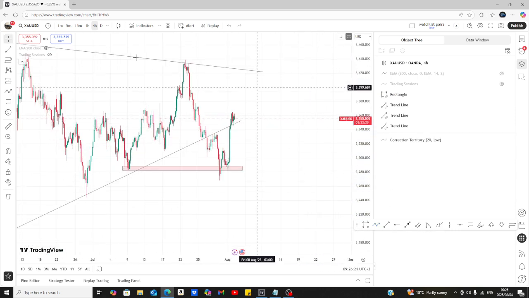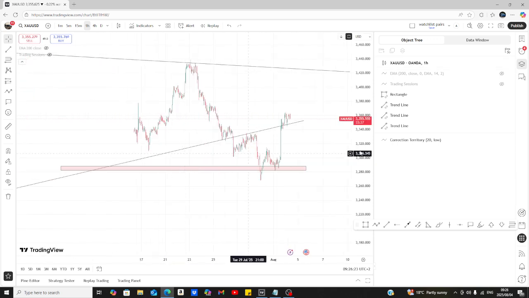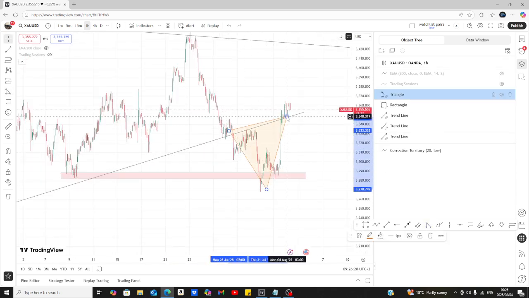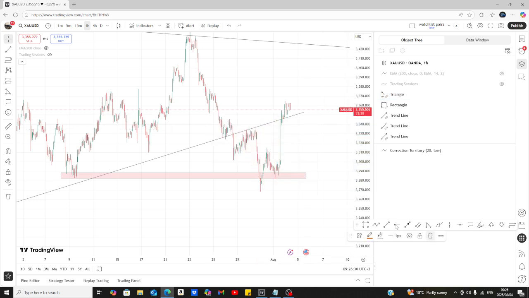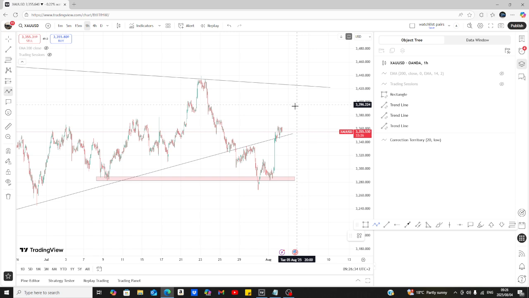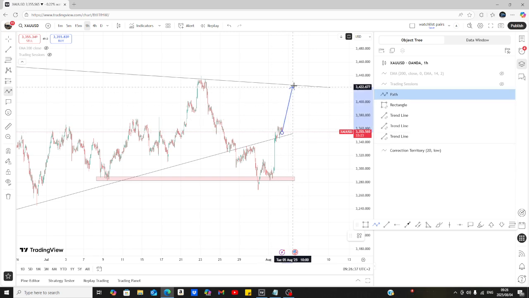So currently with gold we are back in the wedge, and we take this as a liquidity sweep. Since we are back in the wedge pattern, we will therefore consider gold to complete the pattern, meaning we expect gold to at least go up to this point of the wedge.